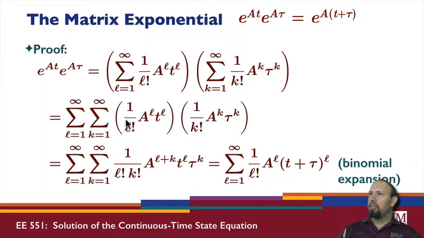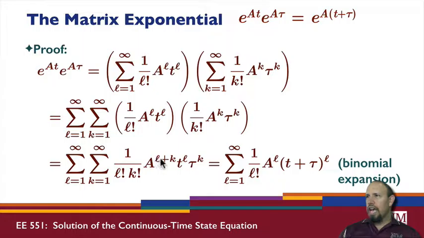Okay, so I just combine the two summations, and notice I have the summation with respect to k, then the summation with respect to l. There's no reason I couldn't switch them, because these two quantities actually commute with one another. Anyway, it doesn't matter which order we take the summation. When I combine these two, I get this expression.